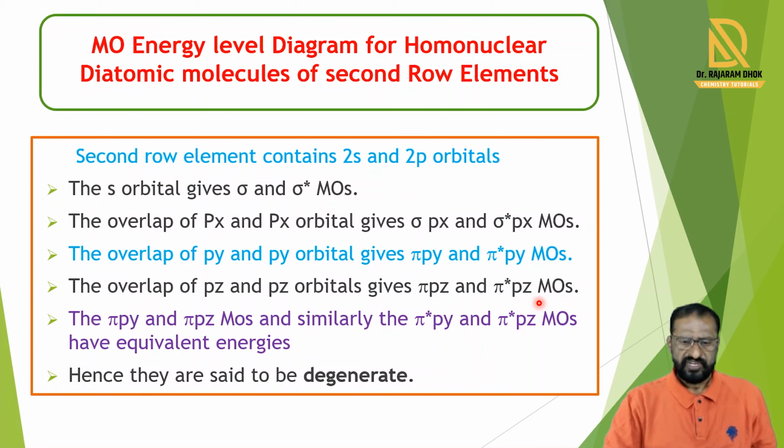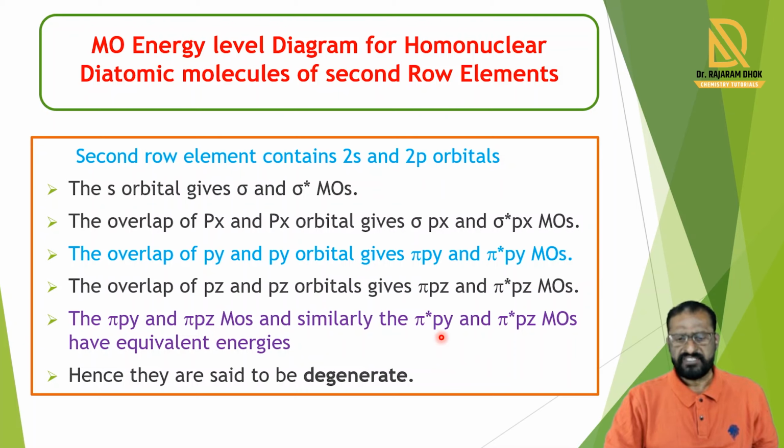In this way, pi py and pi pz are formed, which are bonding molecular orbitals, and pi star py and pi star pz are formed, which are anti-bonding molecular orbitals. When we consider the energy of pi py and pi pz, the energy of both is equivalent.